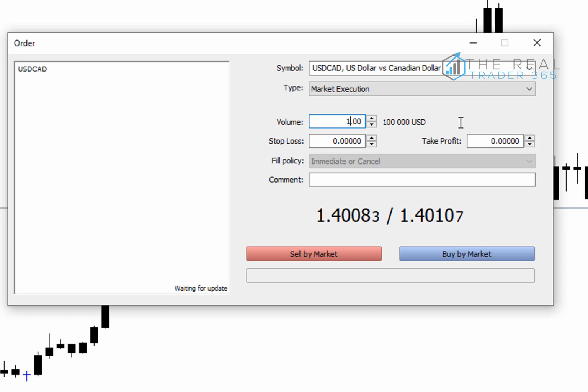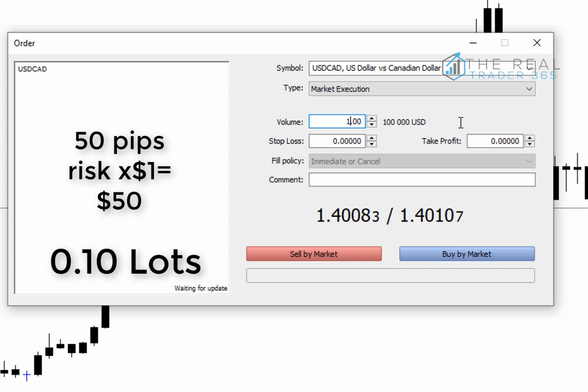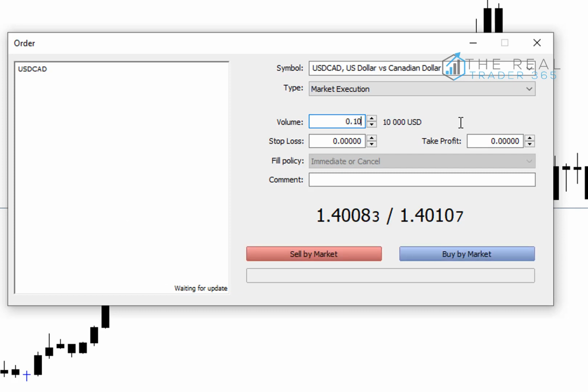So that means if I have a trade with 50 pips risk, I want to be trading by a dollar per pip. A dollar would be 0.10. Because remember, 1 is $10, 0.1 would be $1 per pip, and 0.01 would be 10 cents per pip.